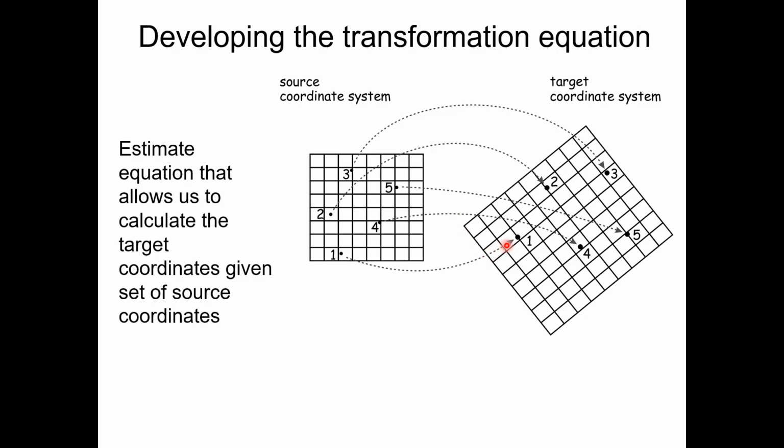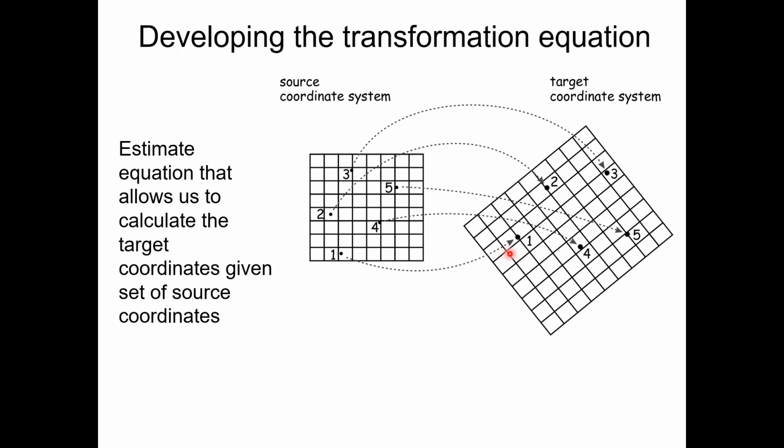You go into the source map that has coordinate system information, find a point and click on it, and then find that same exact location in the target map layer that does not have any coordinate system attached to it. So finding identical locations, clicking once on the source, then on the target, then finding another point, a third point, a fourth point, a fifth point, and you just keep going and going.